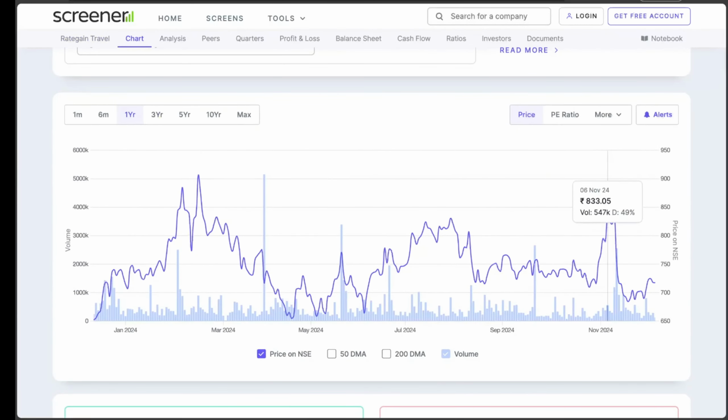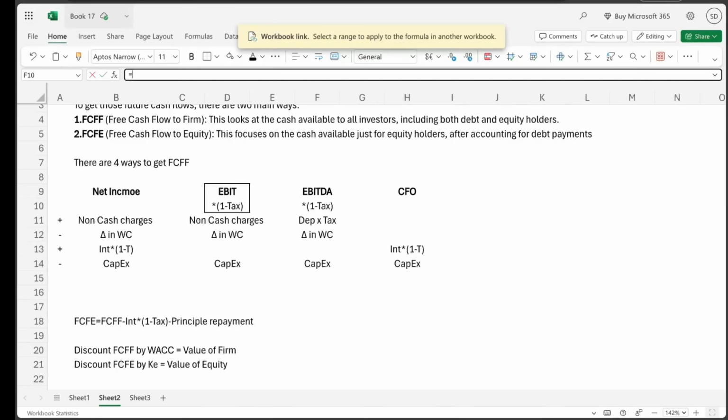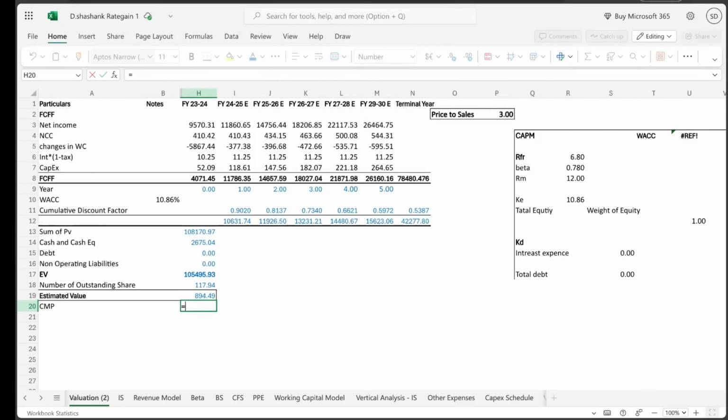Oh, it has fallen in the recent period. I think the latest quoted numbers are not as good as expected. It was 720, right? So it's a great buy. I don't believe that. I don't know. So let's check.